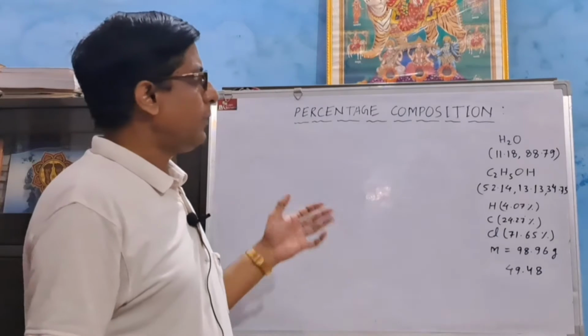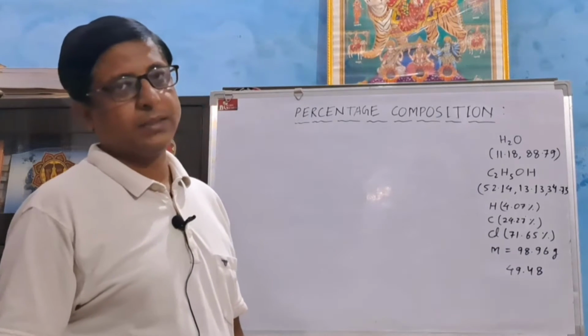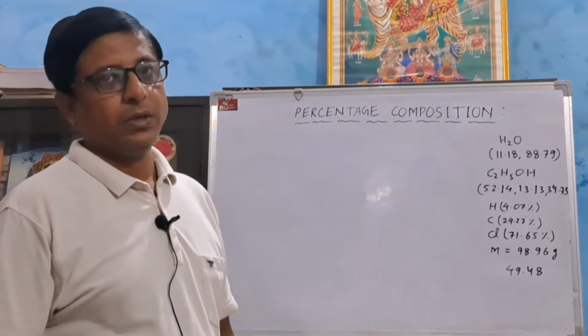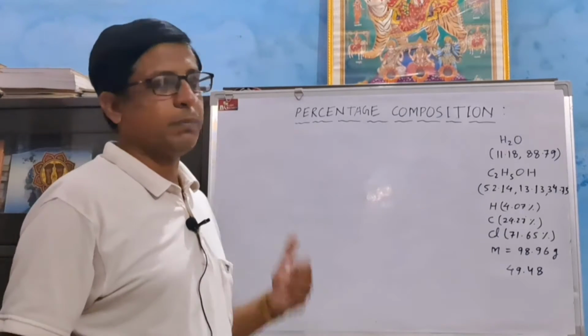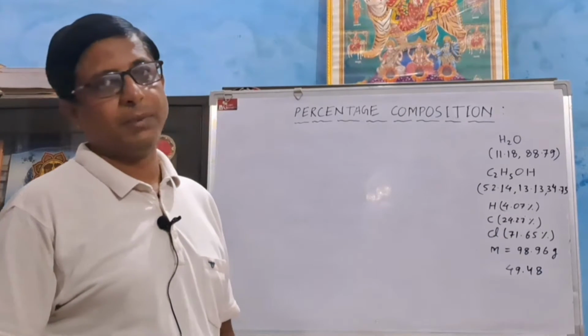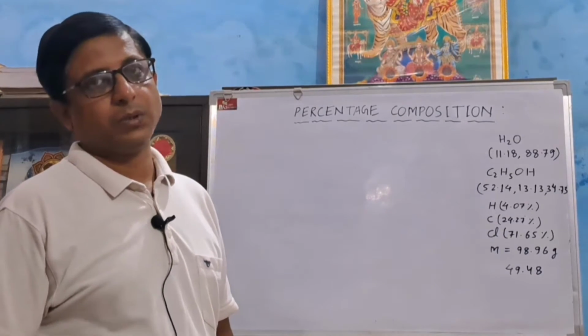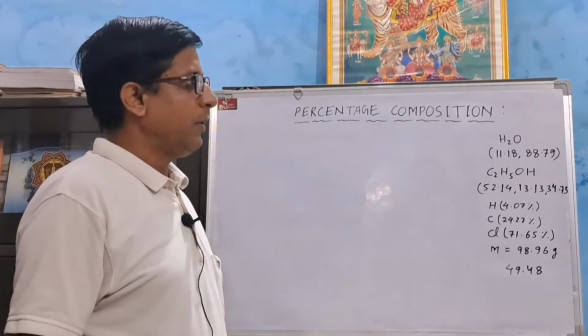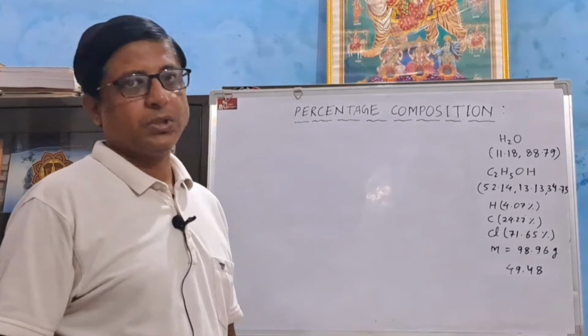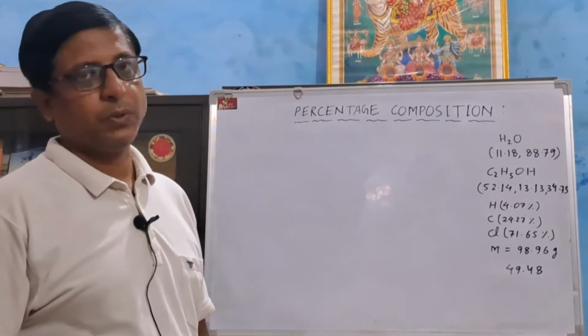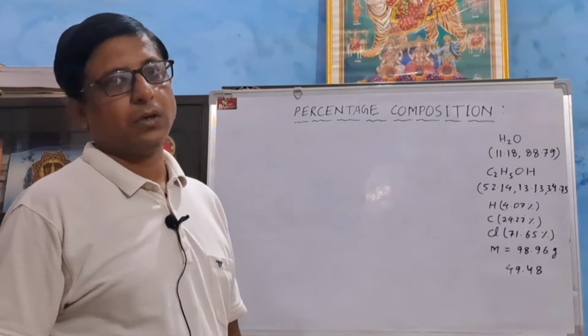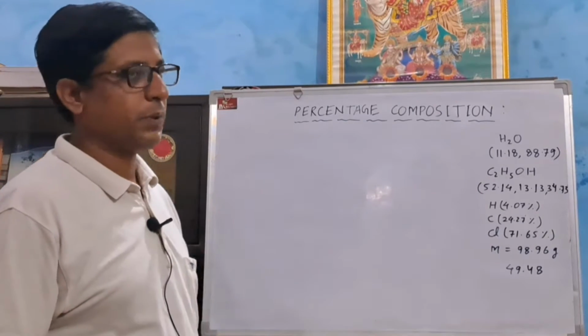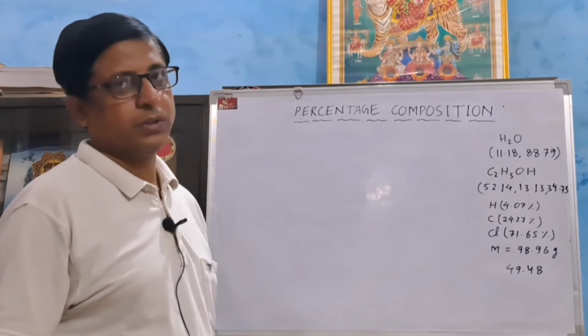So in order to discuss the percentage composition, we have to obtain the percentage of different elements present in a compound. By percentage composition, we can also check the purity of a sample or compound.